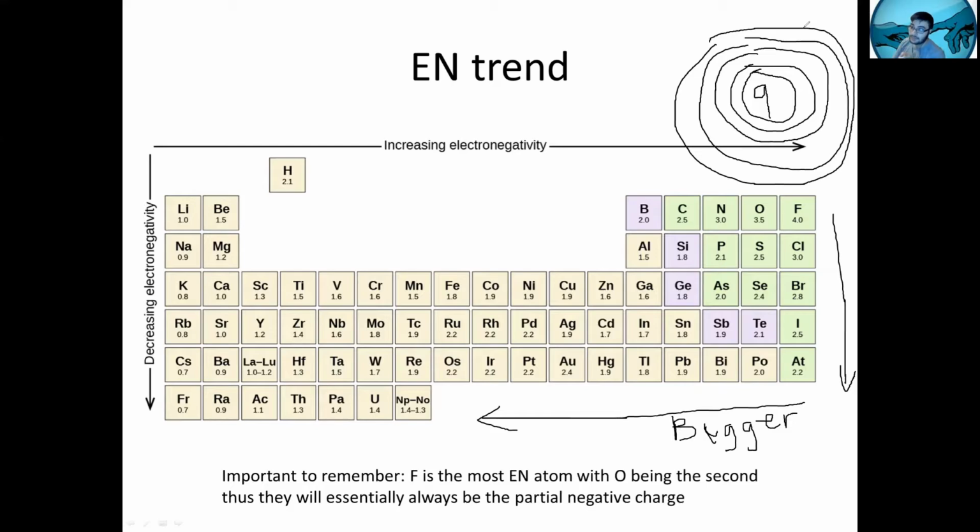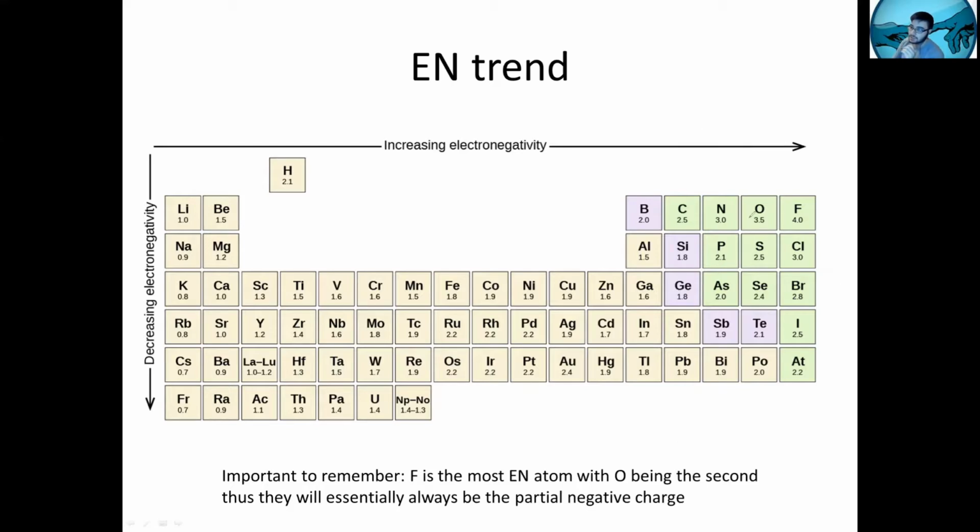As for why going left gets you bigger, fluorine has 2 shells. Then you go left to oxygen, nitrogen, carbon, boron, you still have the same 2 shells, right? So fluorine and oxygen have the same number of shells, so they essentially are the same size, but fluorine actually has more protons in the middle, right? Having more protons because it's a higher number. So having more protons means that the protons and the electrons obviously attract, right? Positive and negative attract. So protons in the middle are actually attracting the electrons to themselves.